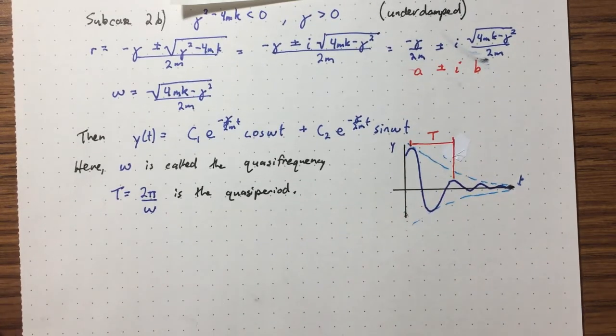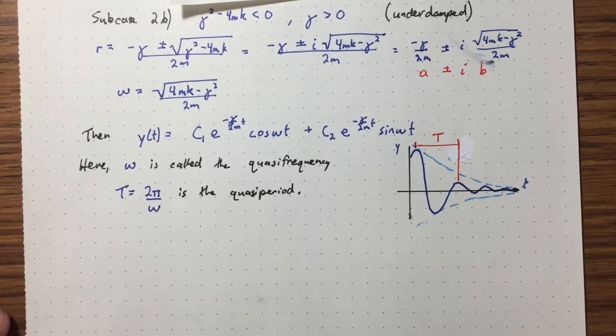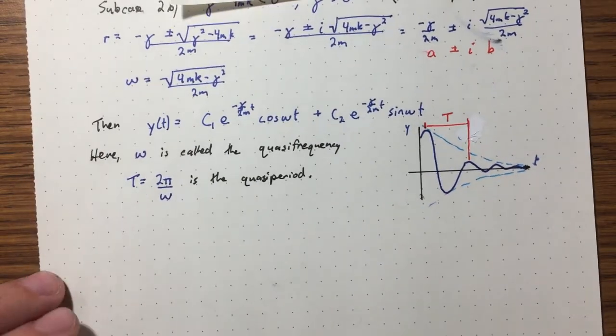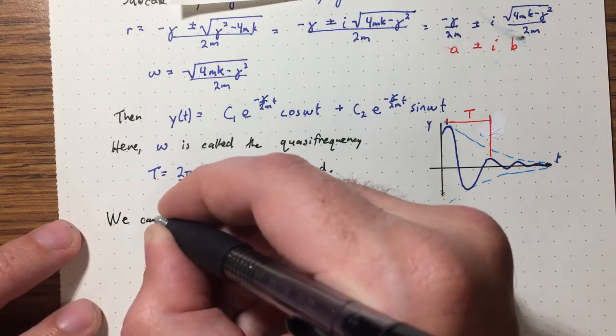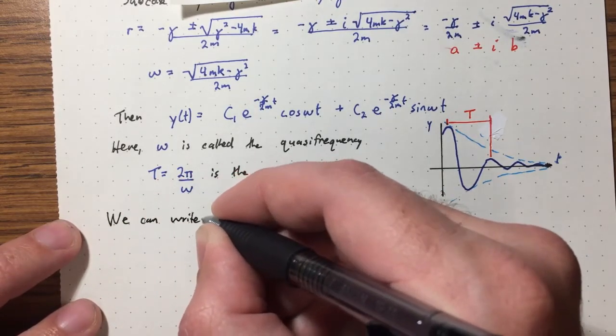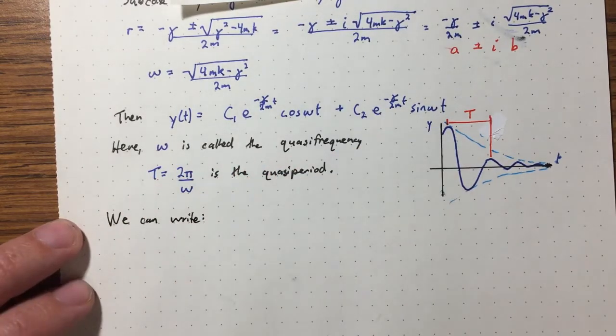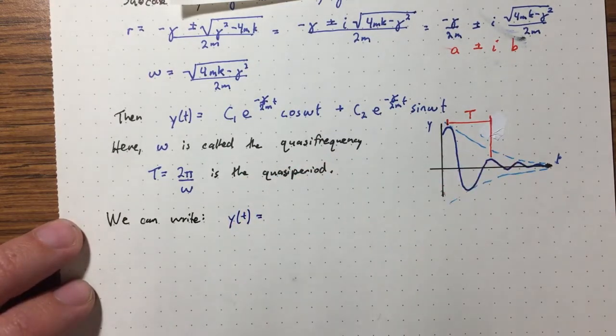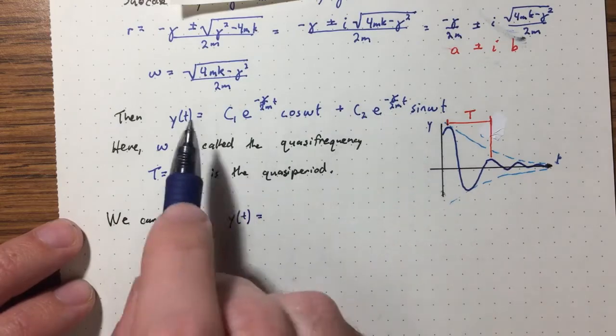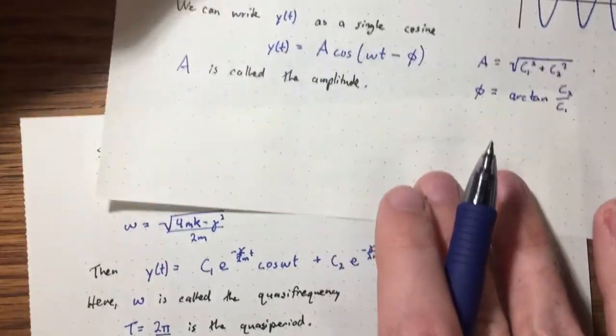And to really figure out what's going on in this graph, let's also note that we can write this in this form. So we can write this as a single cosine or sine. So I can factor out this exponential, and then I just get the same thing here, right?